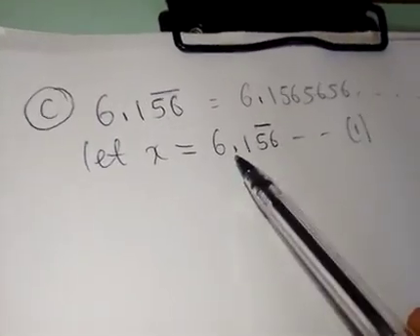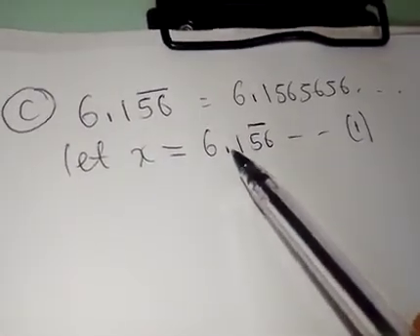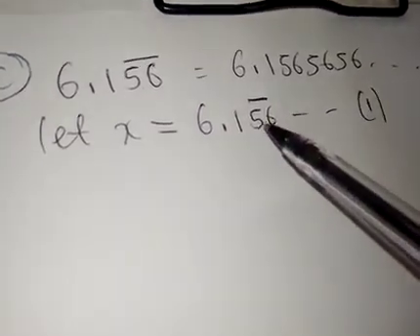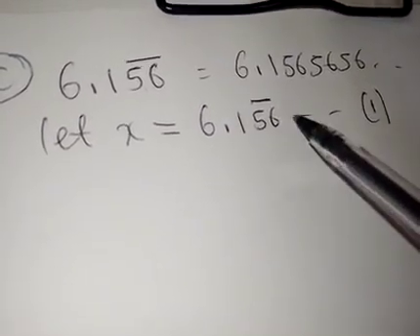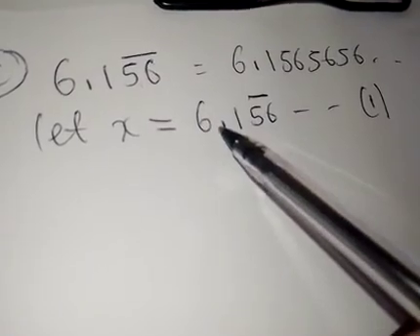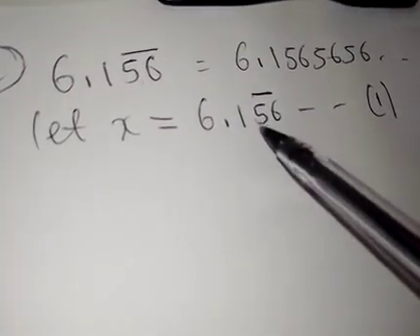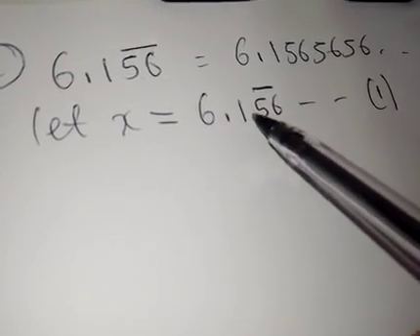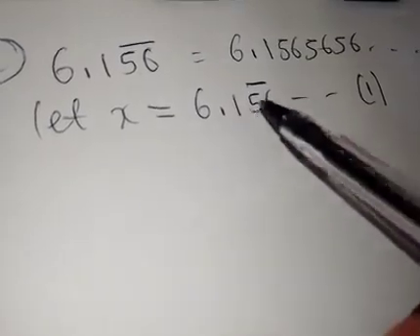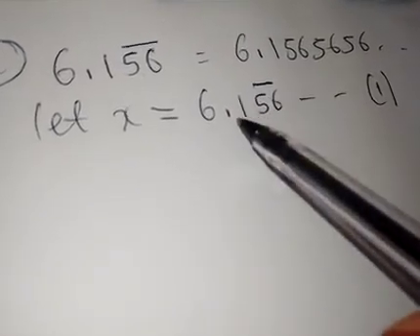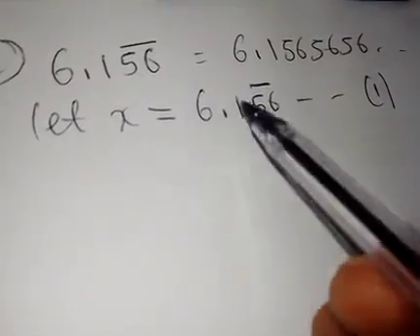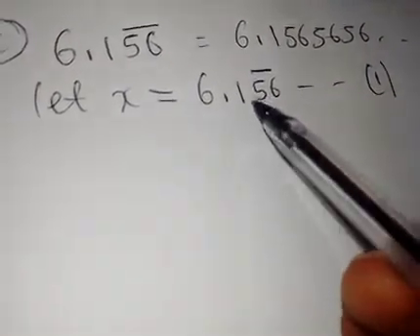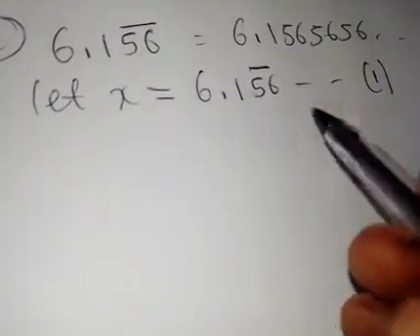Then check: is the decimal point immediately before the repeating numbers? What are these repeating numbers? 5, 6, 5, 6. So the decimal point should be immediately before the repeating numbers. That's what you do. To move this decimal point one step forward, you simply multiply by 10.